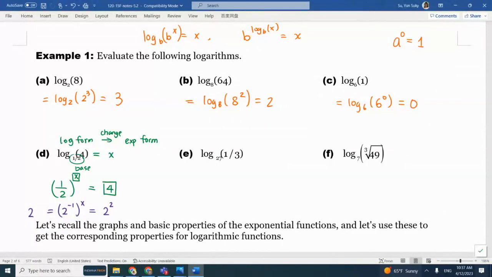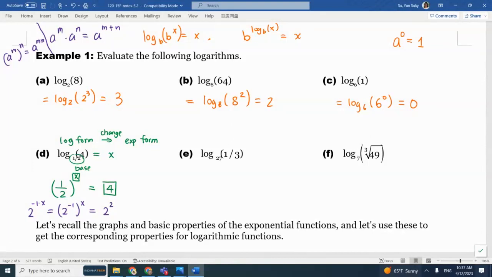Do you add them or you multiply them? What's the exponent rule? If you have a to the m times a to the n, what do you do to the exponent? You add them. But if you have a to the m raised to the power of n, what do you do? Multiply them. So here we multiply them. Minus 1 times x.